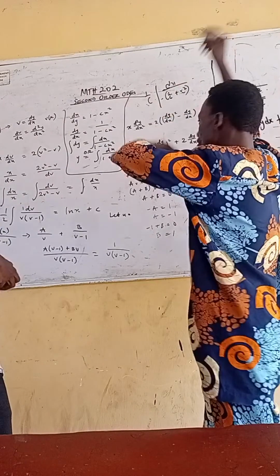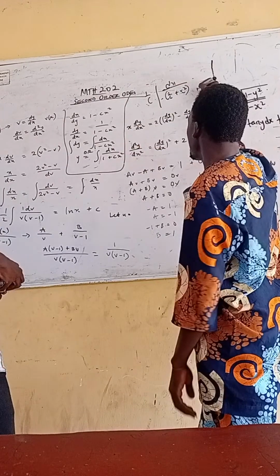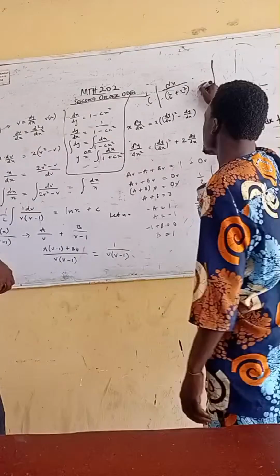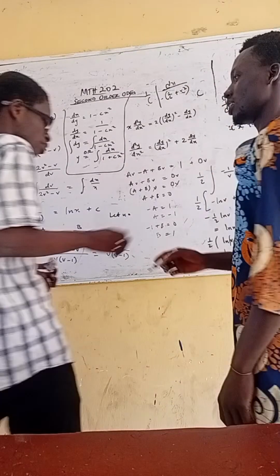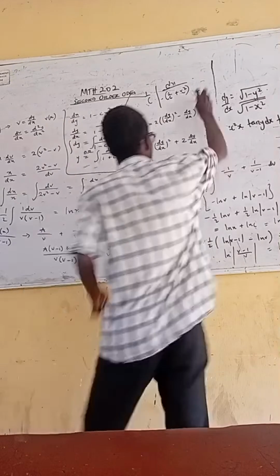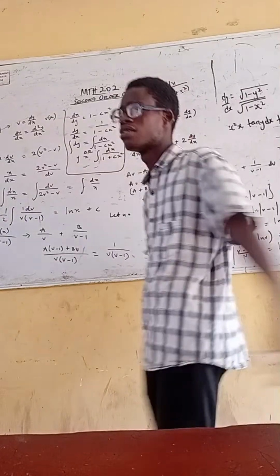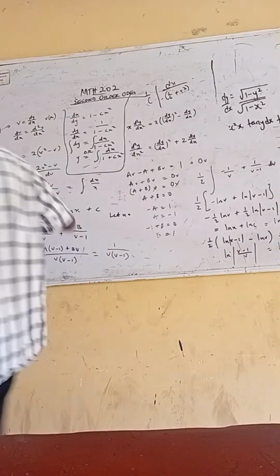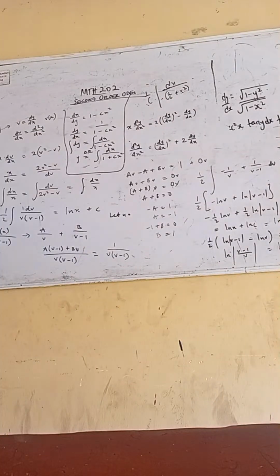I'm a charge 1 over 1 over C. Can I really do this? But we know we got this. So we can end it there. It will not come out.